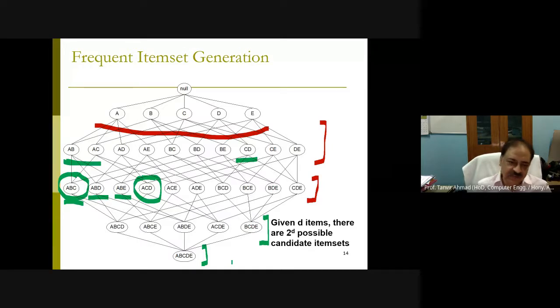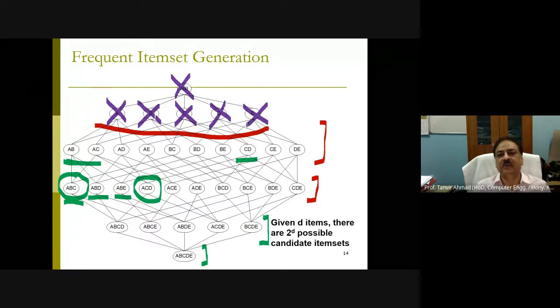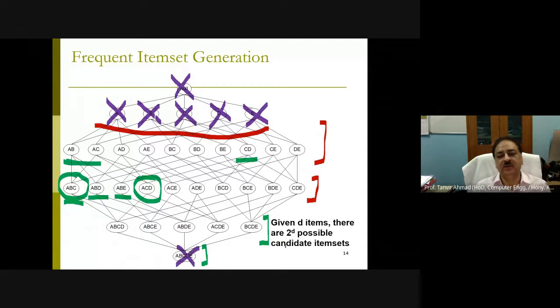But if you look over here, the problem is, are all these rules really useful? You do not require this rule. Even this one you do not require, because single item sets will not generate any rules. And also you do not require this rule. Why?